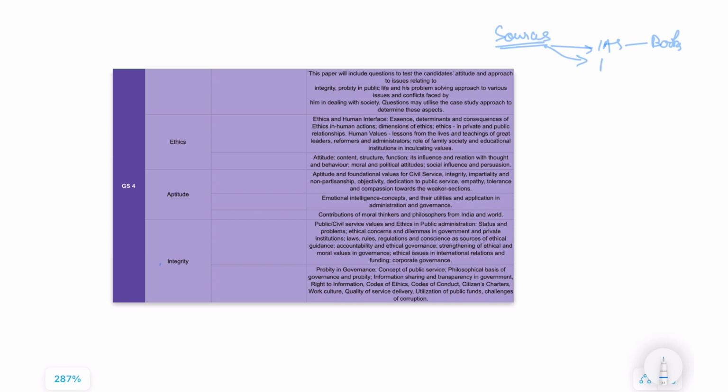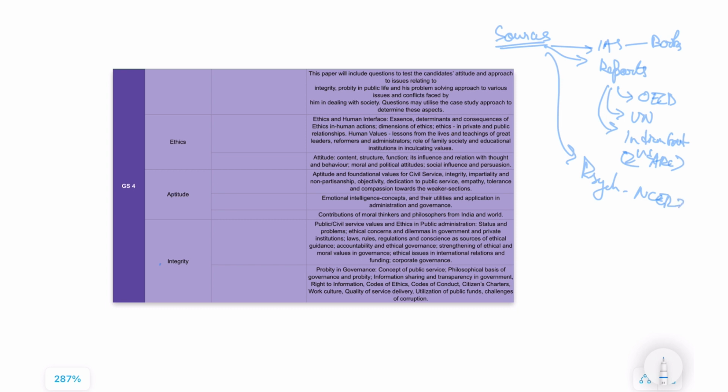There are some reports, some by OECD, some by UN, some by the Indian government, especially the second ARC. And then there are some psychology books you can get from NCERT, and some online websites which explain these terms.